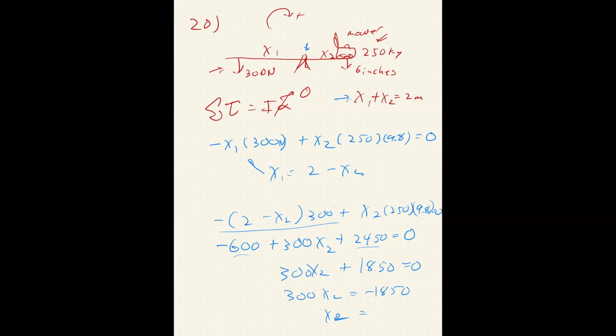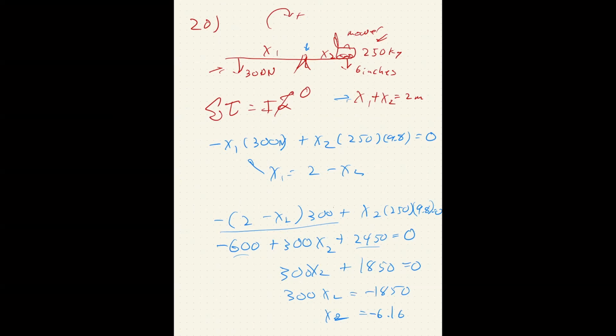So x2 is equal to 1850 divided by 300. I've screwed up my calculator. 1850 divided by 300 is 6.16, but it's a negative 6.16, which means according to this, my force would have to be 8 meters away for it to raise it that much, but we only have 2 meters.